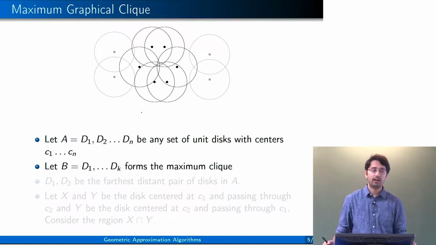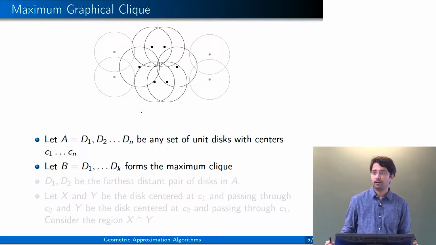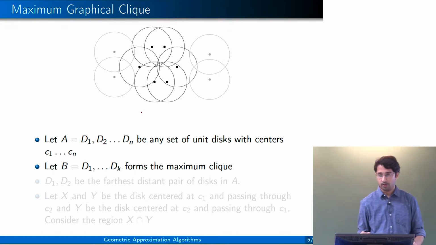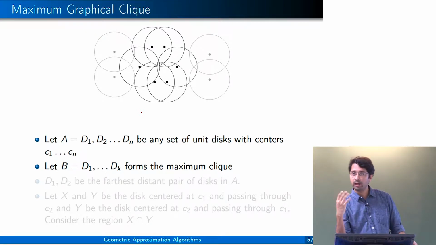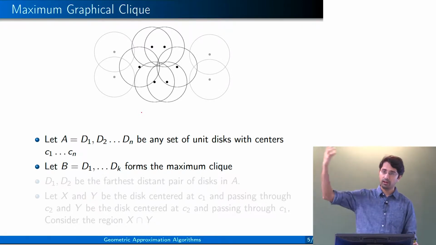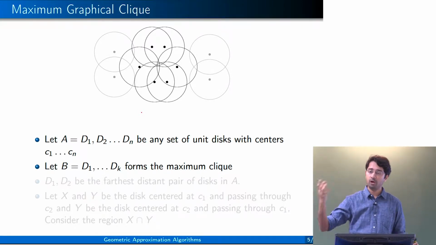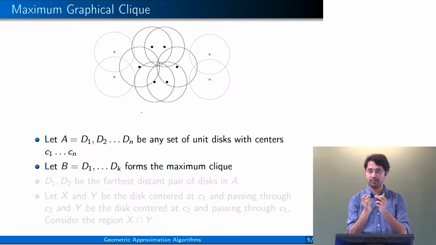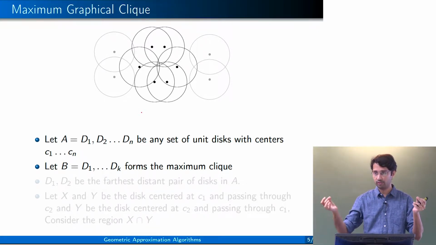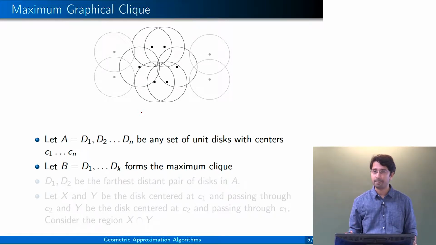Now, as I always do, if I can't solve a problem directly, I try to simplify the problem. How will I simplify? Suppose there is a maximum clique, whether I will be able to find it or not is a different question. Suppose that maximum clique is B, and some oracle told me the furthest centers, or furthest disks, in that clique.